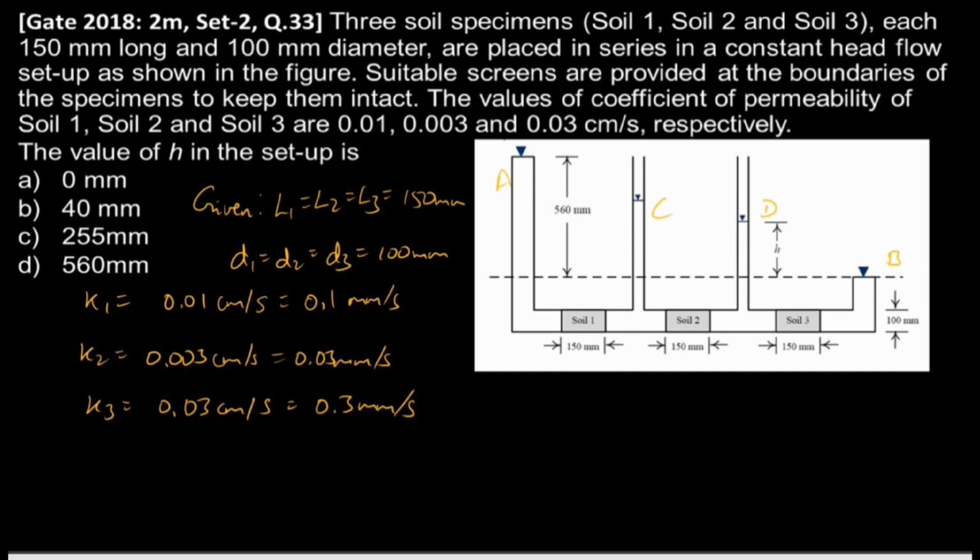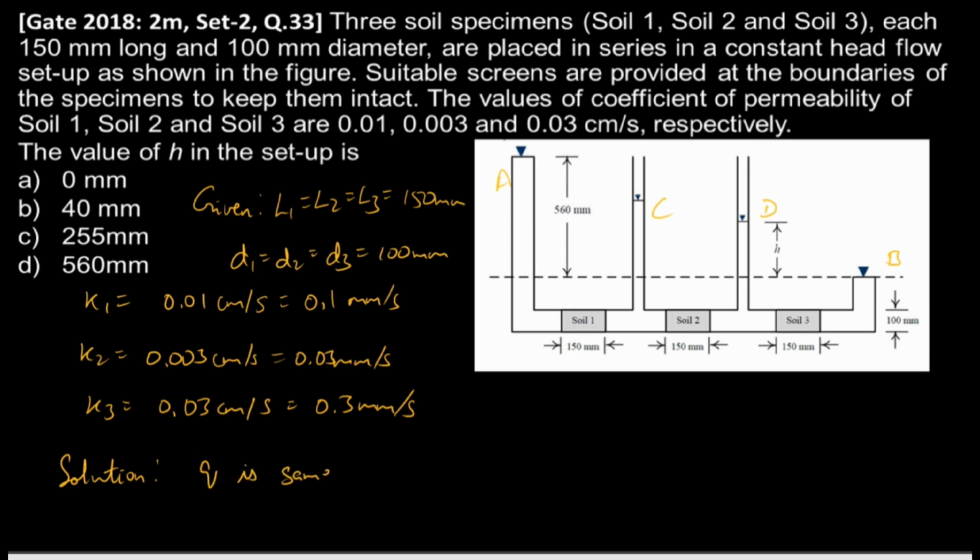If you see this diagram, we can note that the water is flowing perpendicular to the bedding plane of the soil. So, solution. In this type of flow, the discharge will be the same, whereas the hydraulic gradient and head loss will be different.